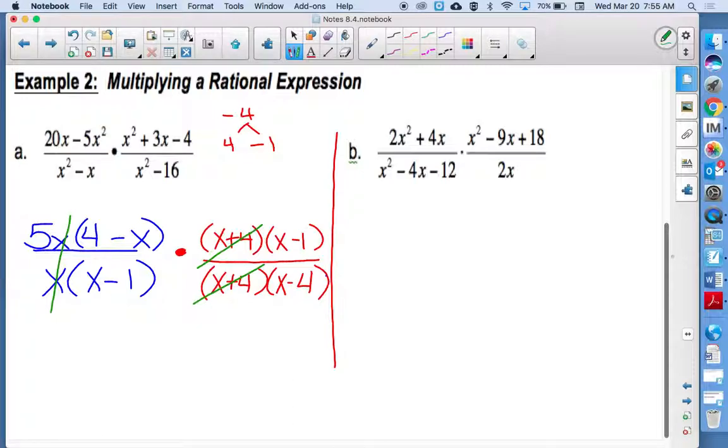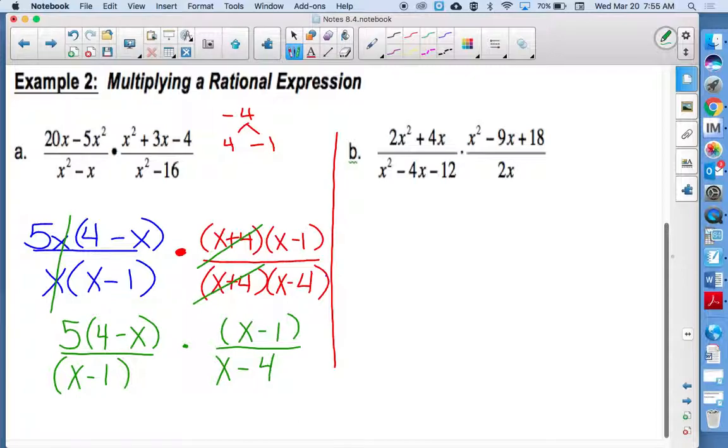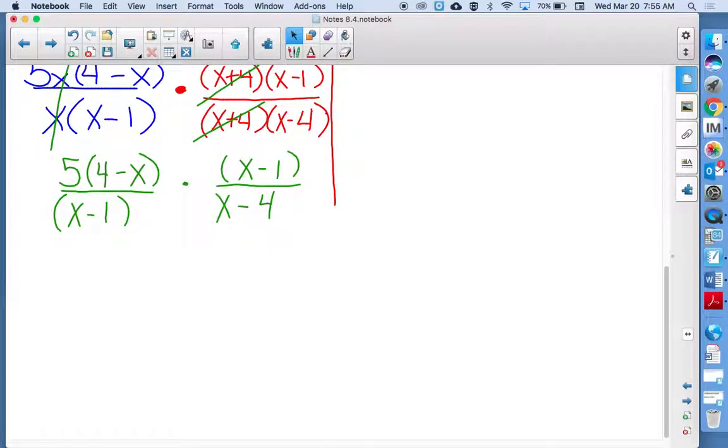So if we look to see what we have left, we have a 5. We have this 4 minus x over x minus 1. Over here, we have an x minus 1 and an x minus 4. Those would cancel, the x minus 1.